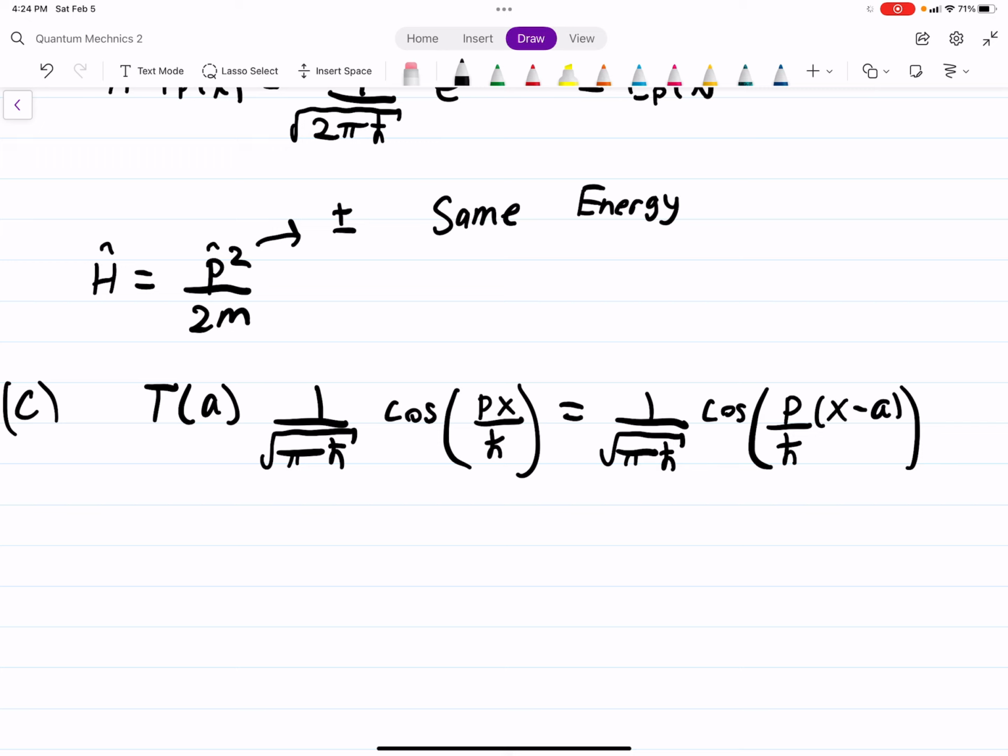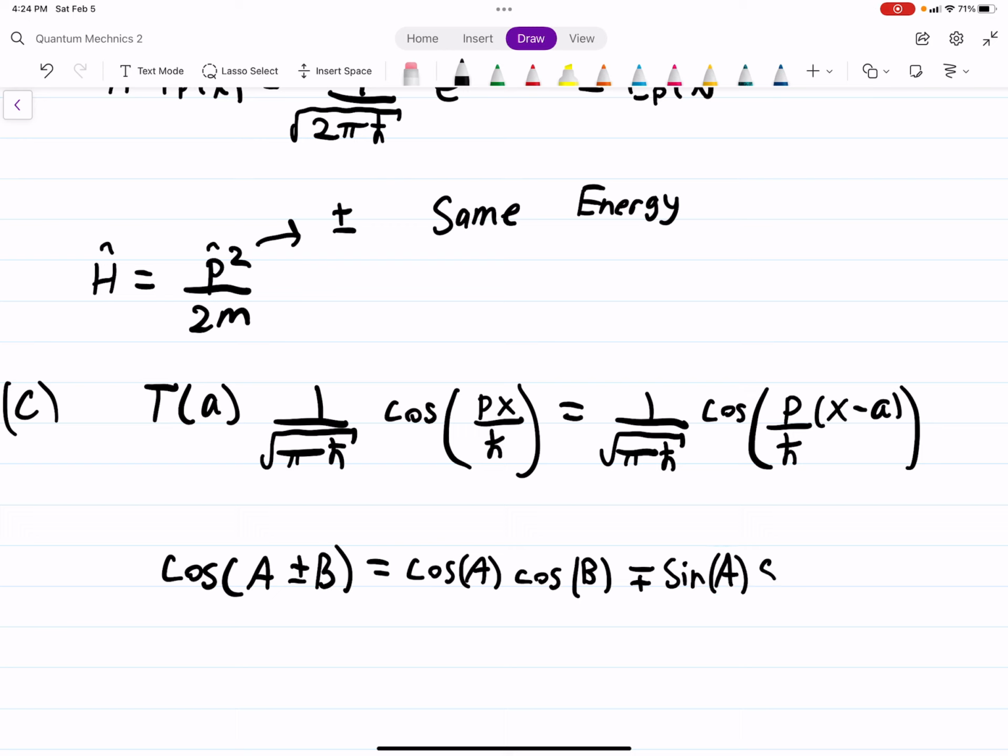Okay? And now what we need to do is the sum and difference. So for cosine of a plus or minus b, that's equal to cosine of a cosine of b, and then it's minus plus sine of a sine of b. And if you apply this to this difference that we have, you're going to get the following.